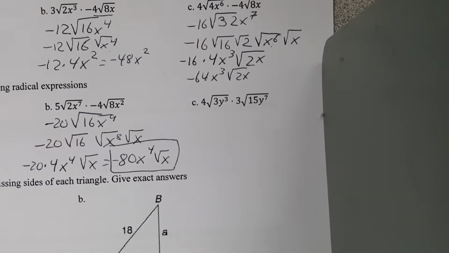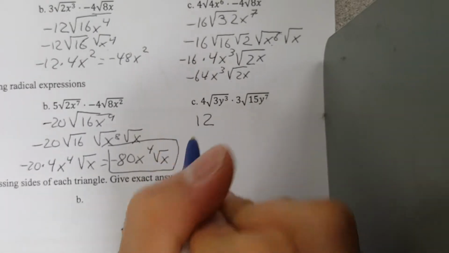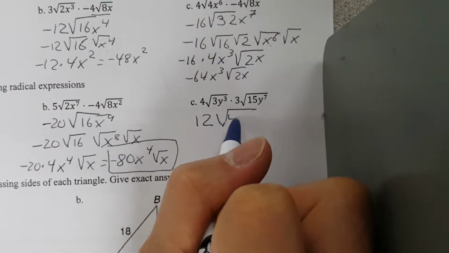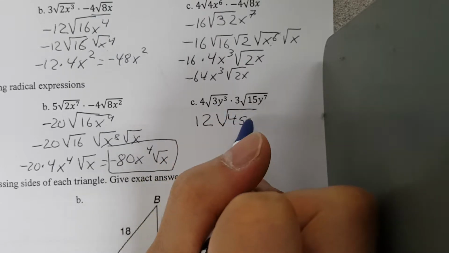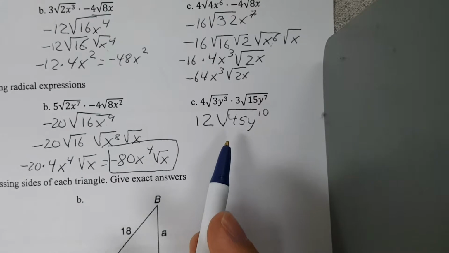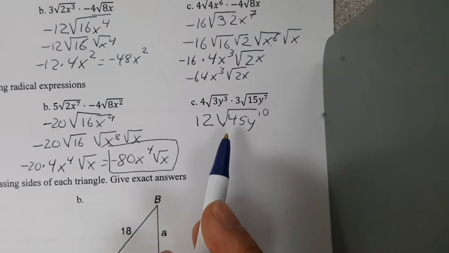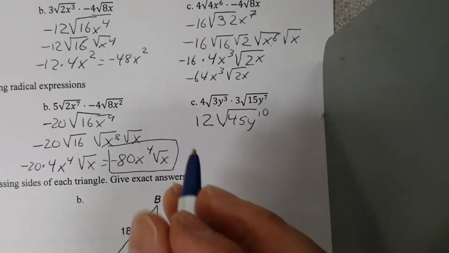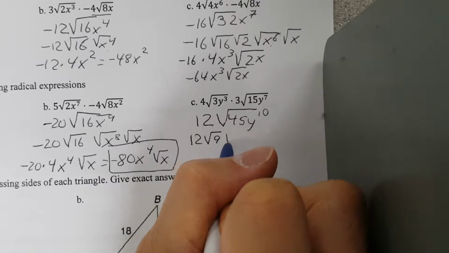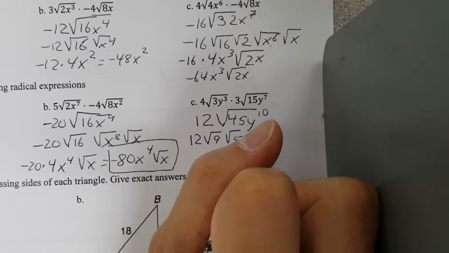Okay, letter C. I multiply 4 times 3, and that's 12. 15 times 3 is 45. And then I add my exponents, that's y to the 10th. The biggest number that can go into 45 is 9. So that breaks up into radical 9, radical 5, radical y to the 10th.